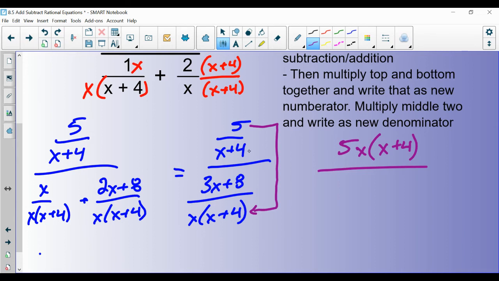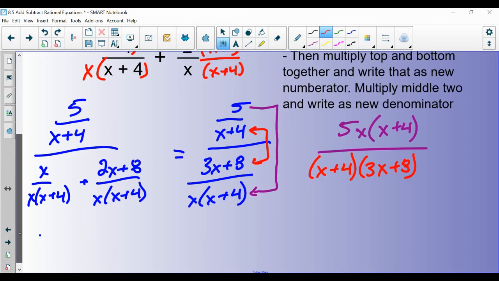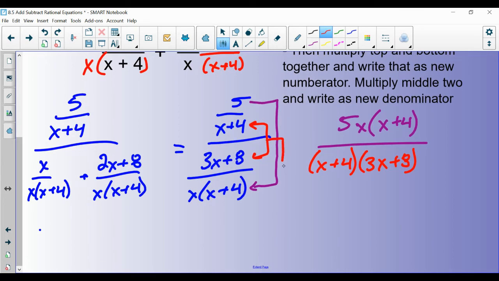My now middle two are also going to be multiplied together, x plus 4 over 3x plus 8, and that's going to go in the denominator. Now, they have an x plus 4 in common, and that can be canceled. And I just end up with the answer of 5x over 3x plus 8.